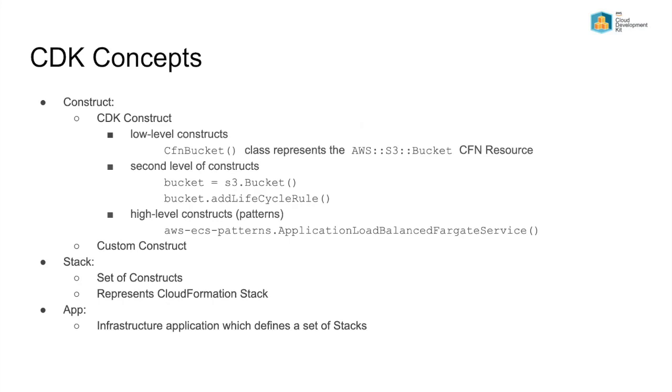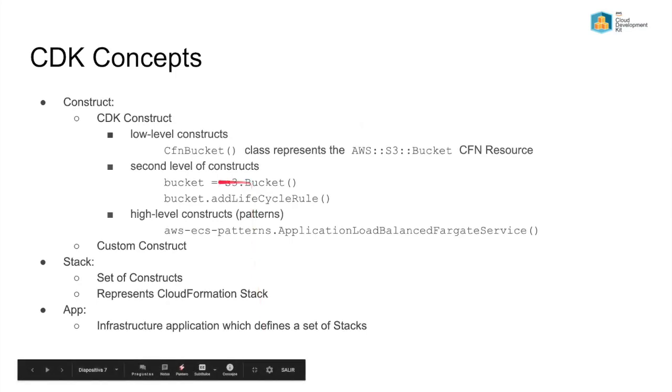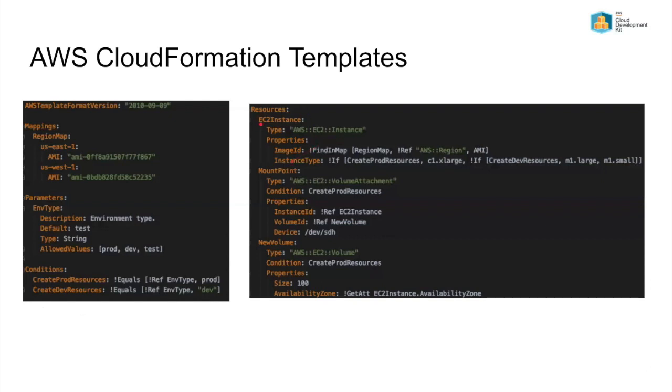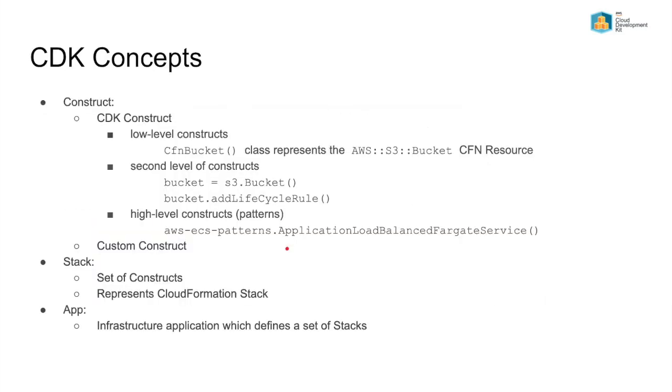So if you remember in this template, for every resource, this would be one resource, another resource, and another resource. And for the resource, we would have a class that represents this resource.